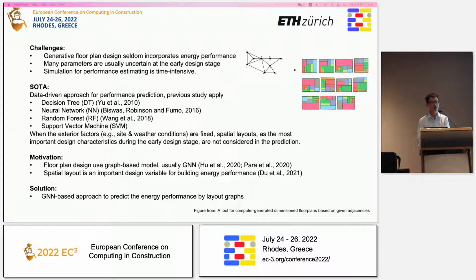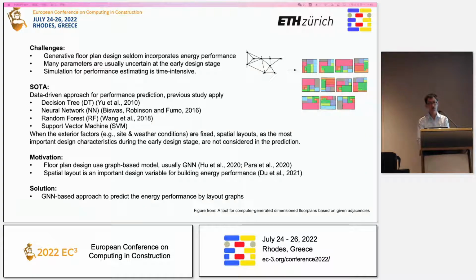In practice, what we usually do is select a few preferred schematic designs from the pool and go through them with traditional energy simulation tools. Many parameters are usually uncertain but required at this early design stage. Overall, simulation for building energy performance estimation is time intensive and too slow for real-time feedback.